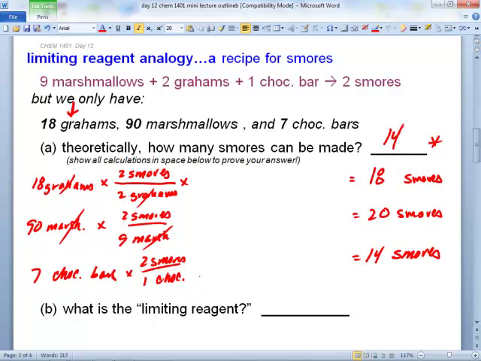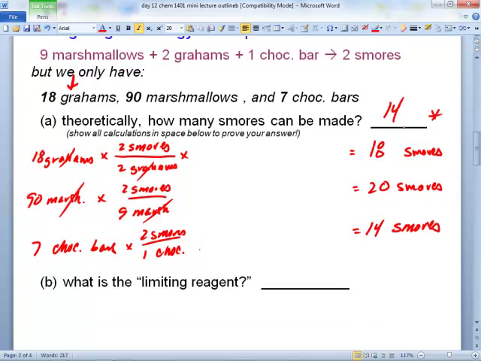Perfect. Okay, but now we need to get it into some terminology here. What is the limiting reagent? Paul, what's another word for reagent? I don't think we use the word reagent. Reactant. I wish they would call it reactant.